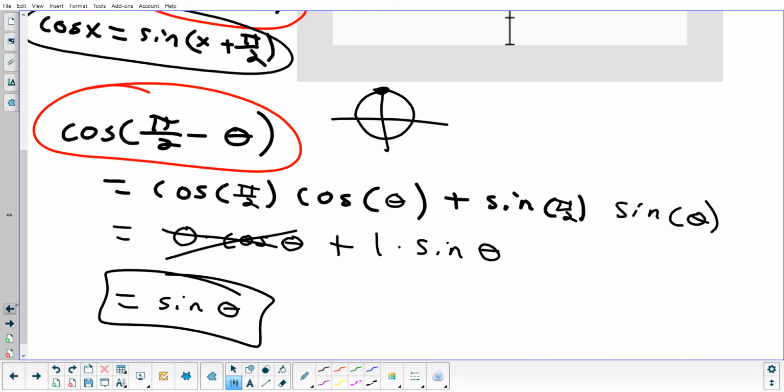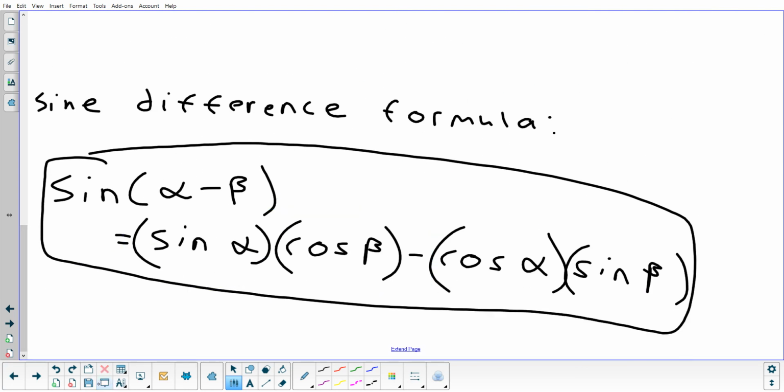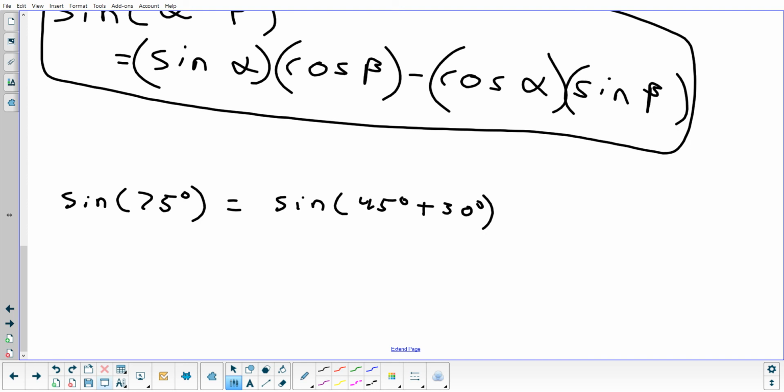All right, we don't really need to go through a whole numerical problem, but you could do something like, let's say I asked you now to do the sine of 75 degrees. How could you write 75 as a sum? 45 plus 30. Yeah, 45 plus 30. And then just go through your identity.